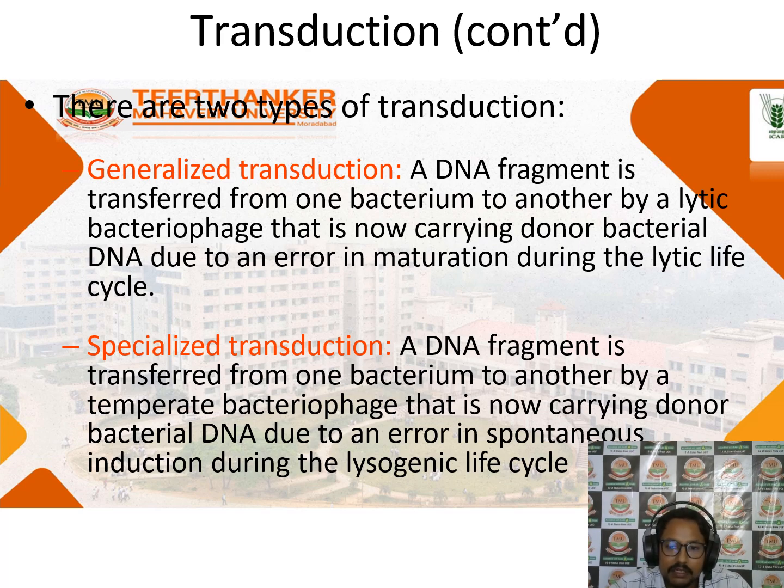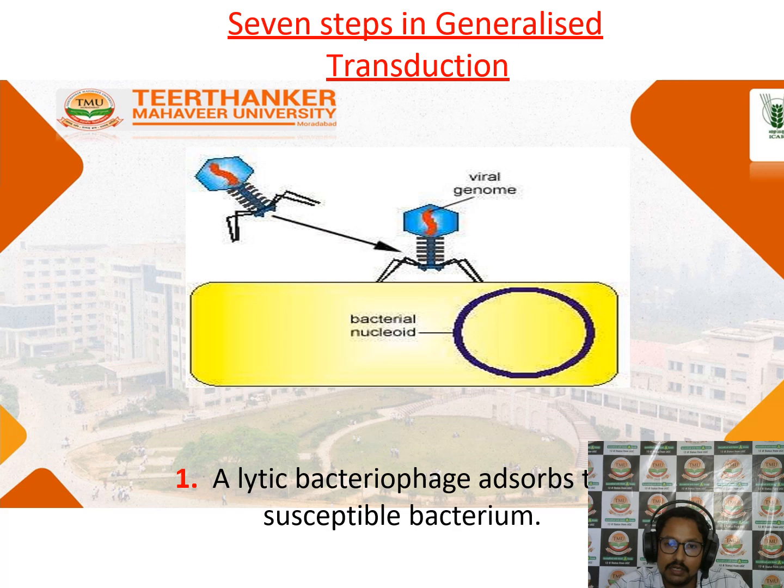In specialized transduction, a DNA fragment is transferred from one bacterium to another by a temperate bacteriophage, which undergoes a lysogenic phase. In generalized transduction we will observe a lytic phase, and in specialized transduction we will observe a lysogenic phase. We will see the further steps.